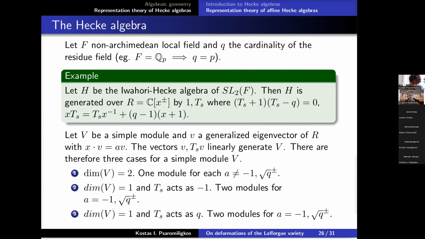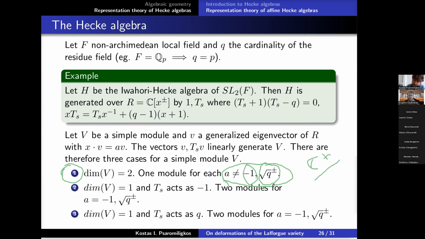So we have this simple module. There are three cases. Either the dimension is actually 2, and then we have to check our module is reducible, and it actually will be except if a is -1 or the square root of q. I'm saying one module for this and one module for this, because a should not be thought of as an element of C star.